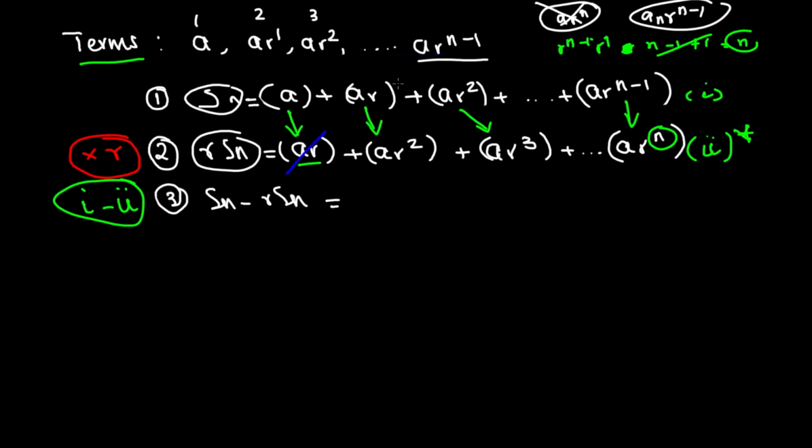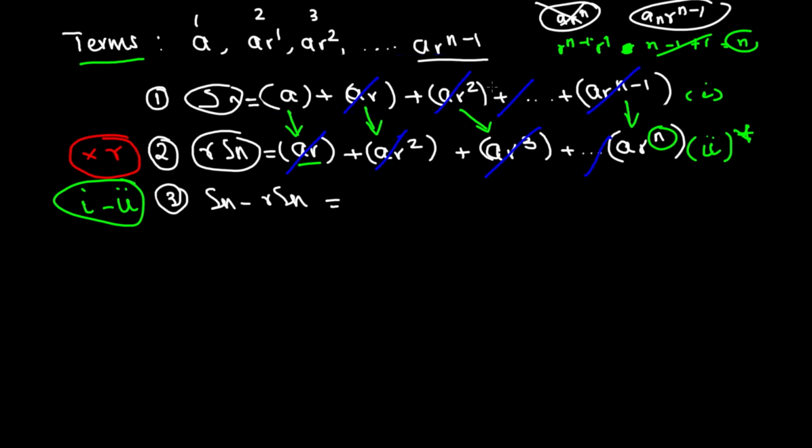Here and that, they're going to cancel each other because we're subtracting. This one and that one are going to cancel. Now look at how this is happening. This one will cancel with this one, and the term just before this one is going to cancel with this one.